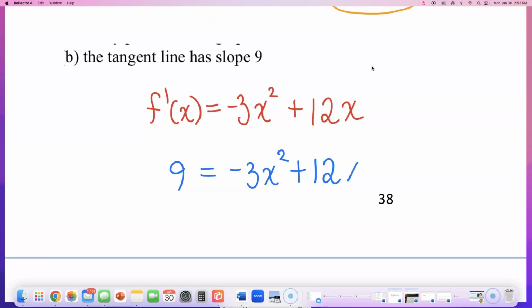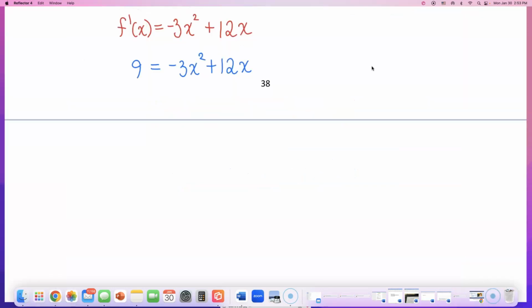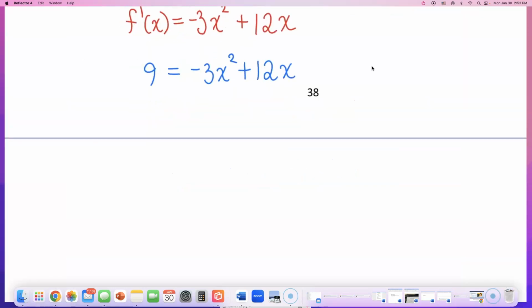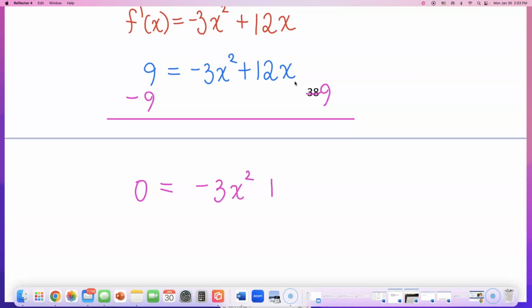All right, now we have to solve this. I may add a new page over here so that I can do the work. So let's solve this. 9 equals negative 3x squared plus 12x. I'll subtract 9 from both sides to move this 9 to the other side, okay? If I do that, I will get 0 equals negative 3x squared plus 12x minus 9.